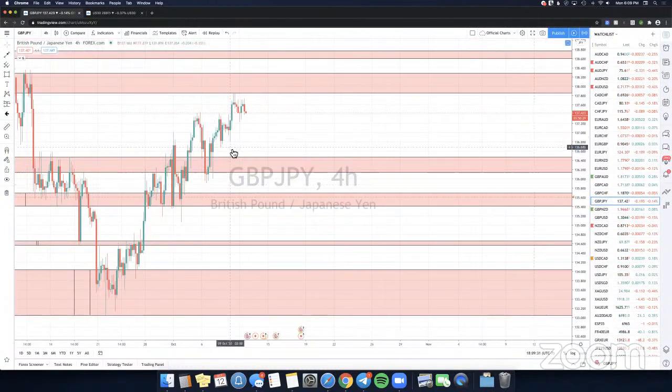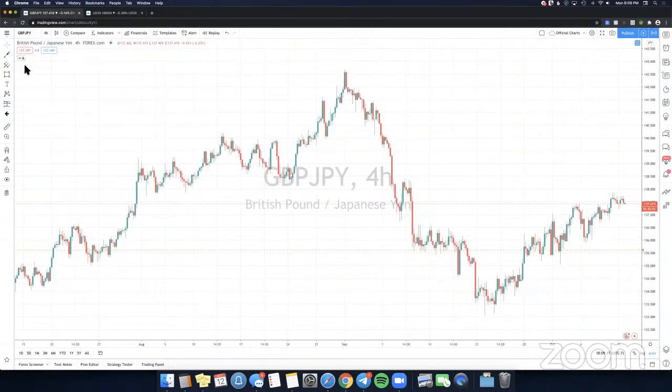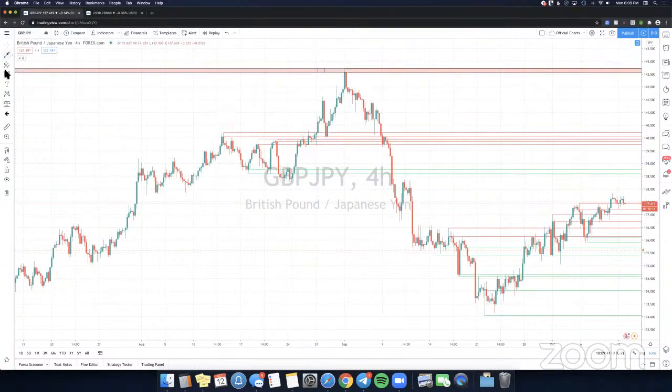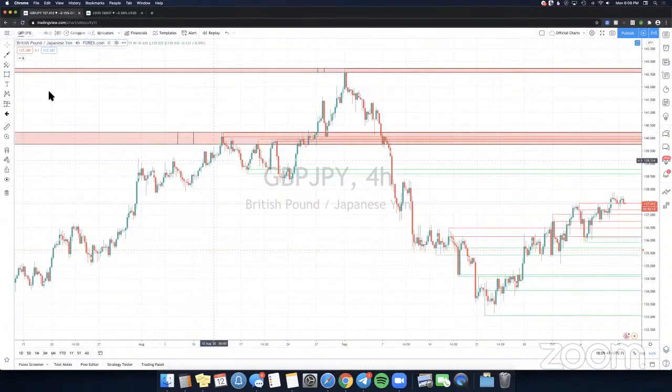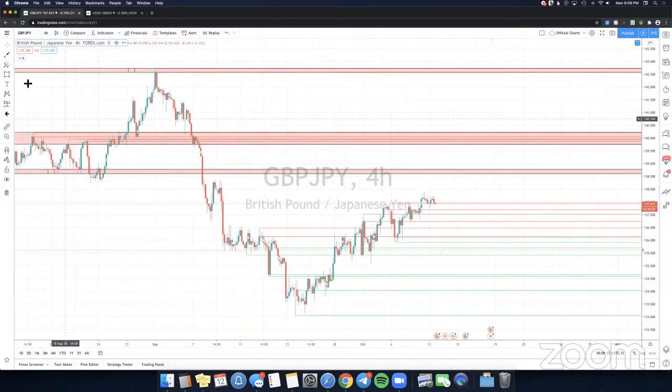All right, GJ right here. I'm going to go through and delete these zones. Turn on the K2SR indicator. Go with that upper zone. Zone's right there. This one right there.